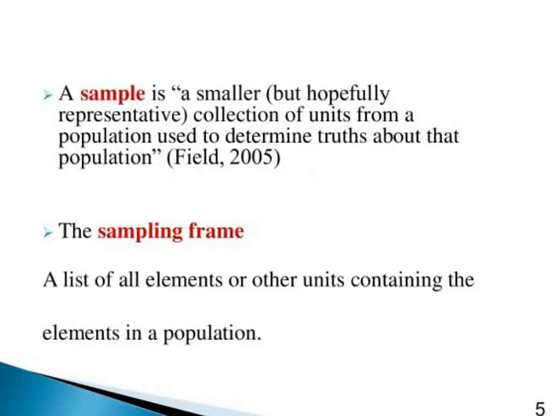A sample is a smaller collection of units from a population used to determine truths about the population. And what do you mean by sampling frame? A sampling frame is a list of all elements or other units containing the elements in a population. So the sampling frame is the frame for doing sampling.